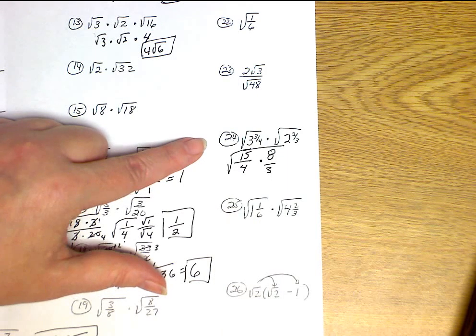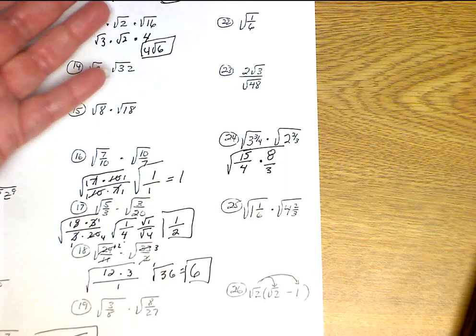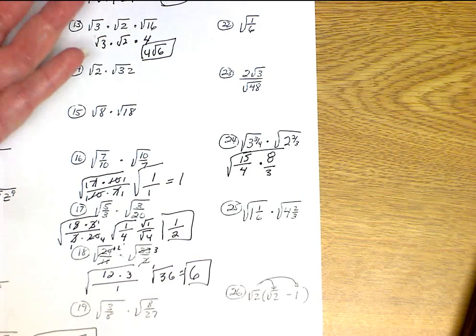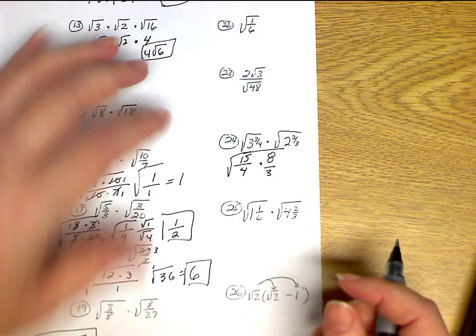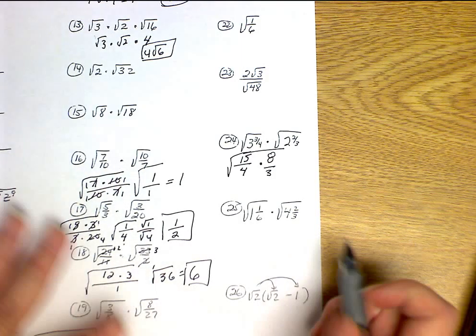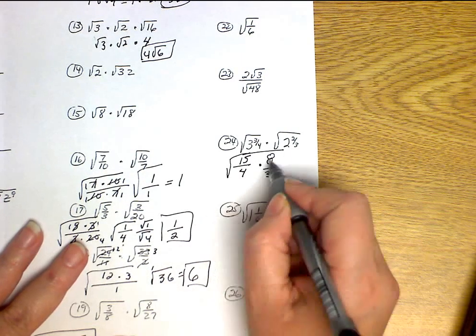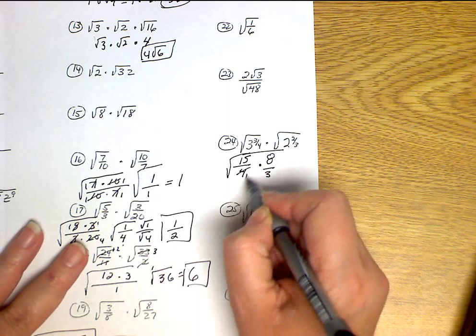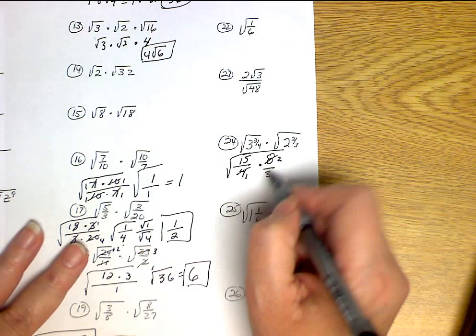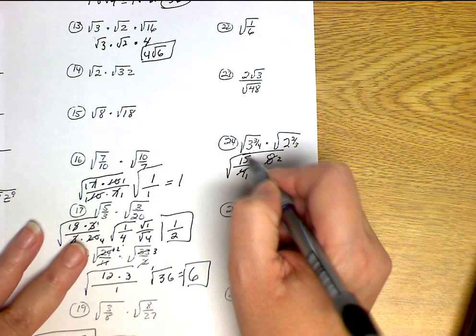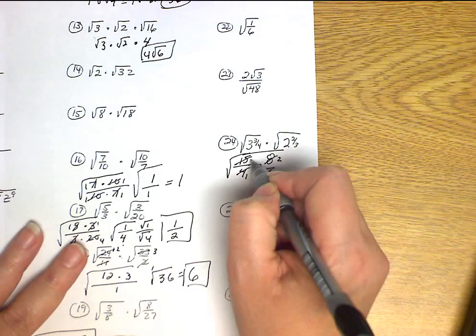Now, before you multiply them, what do I suggest you do? Reduce. Always reduce first. It'll save you guys so much work. So, I know that 4 goes into 8. So 4 goes into 4 once, 4 goes into 8 twice. 3 goes into 3 once, 3 goes into 15 5 times.